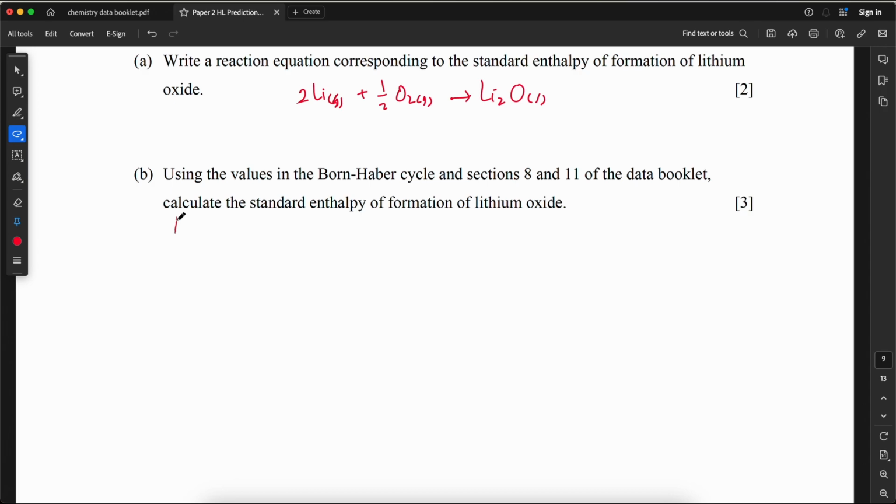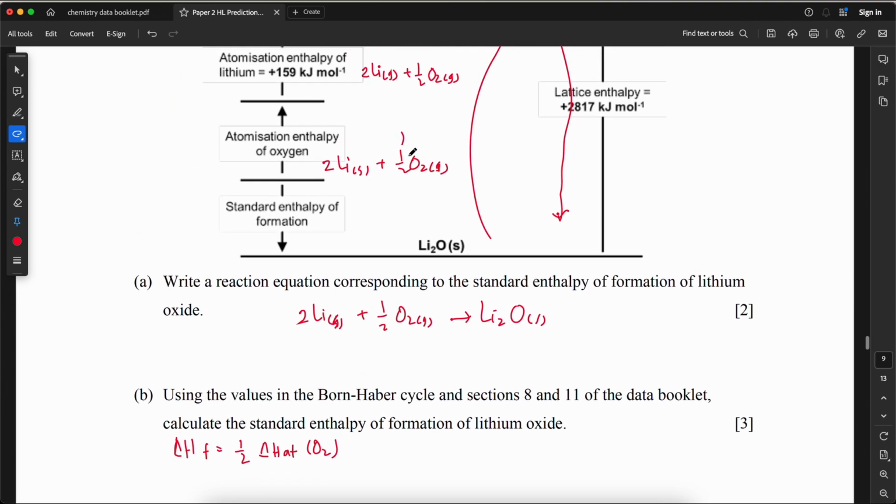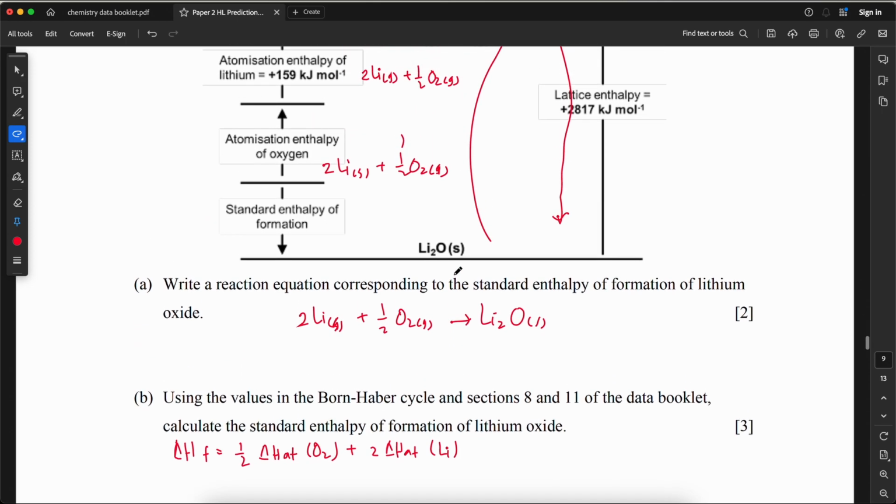To calculate delta HF, it would be half of the atomization enthalpy of oxygen, because half of oxygen, right? Plus 2 times the atomization enthalpy of lithium, because 2 Li. And then plus 2 times the first ionization energy of lithium as well, because 2 lithium, again the same, 2 Li.